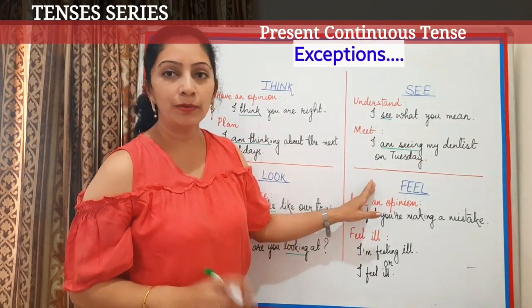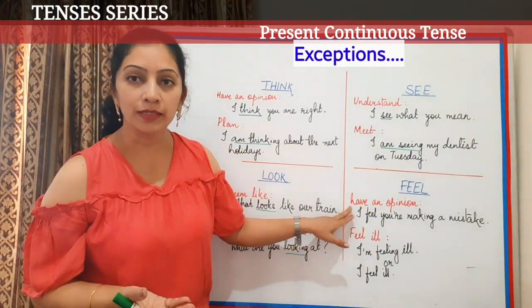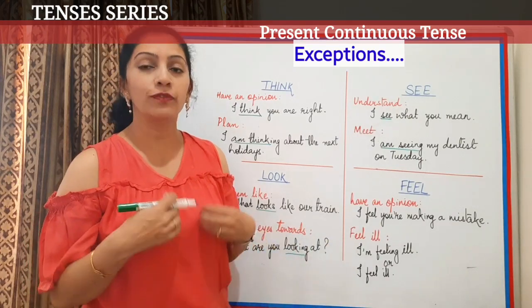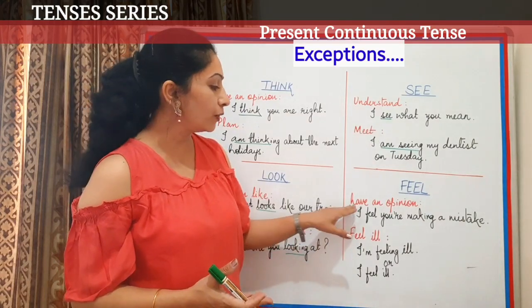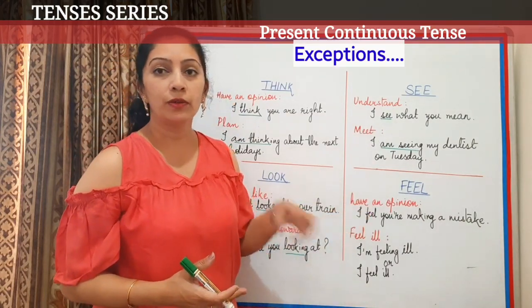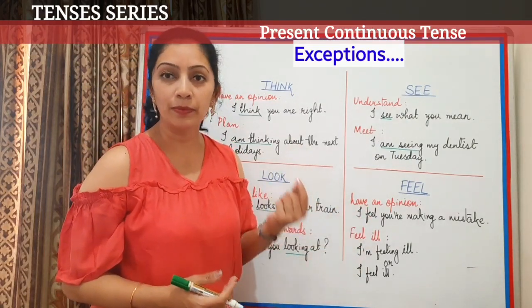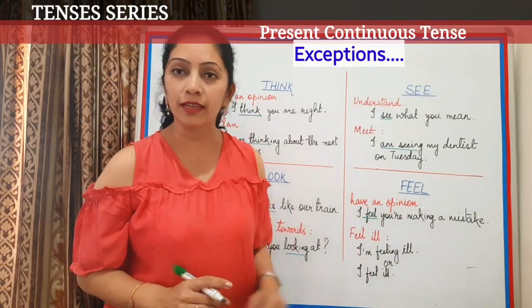Come to the next verb, feel. Now feel can be used either to express an opinion or to tell that you are feeling sick or feeling ill. If you have an opinion about something, then you will use it in the simple present tense like this: I feel you are making a mistake.